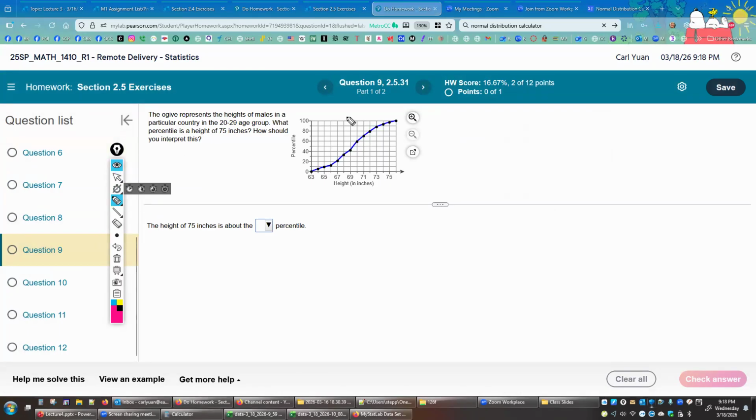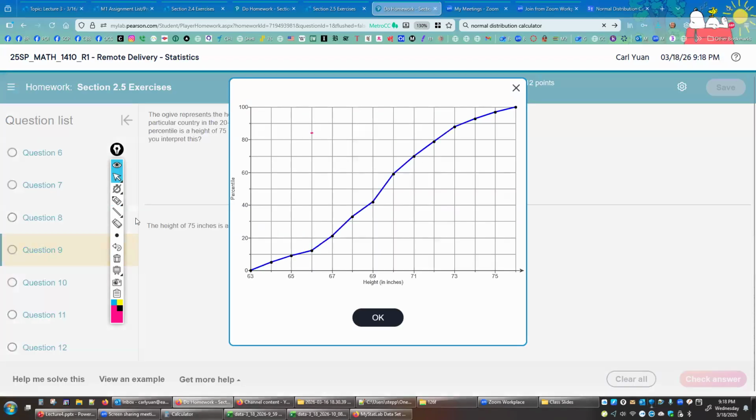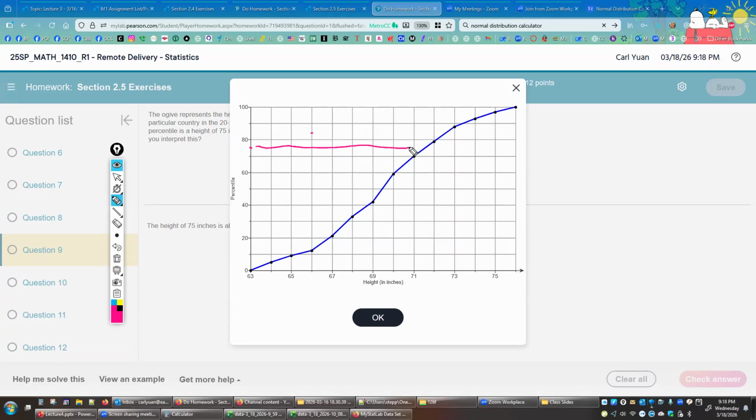So we go to 75 inches, maybe roughly here. Actually, we can look at a bigger picture. So let's bring it up. There we go. Let's look at 75. So 75 would be here, and we draw it all the way out.